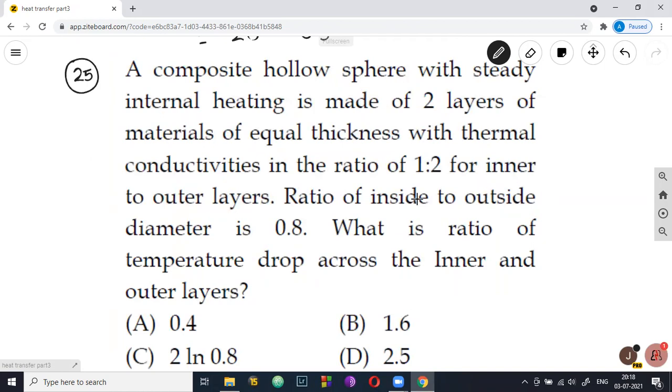A composite hollow sphere with steady internal heating is made up of 2 layers of material of equal thickness with thermal conductivities in the ratio of 1:2 for inner to outer layer. Ratio of the inside to outside diameter is 0.8. What is the ratio of temperature drop across the inner and outer layers?